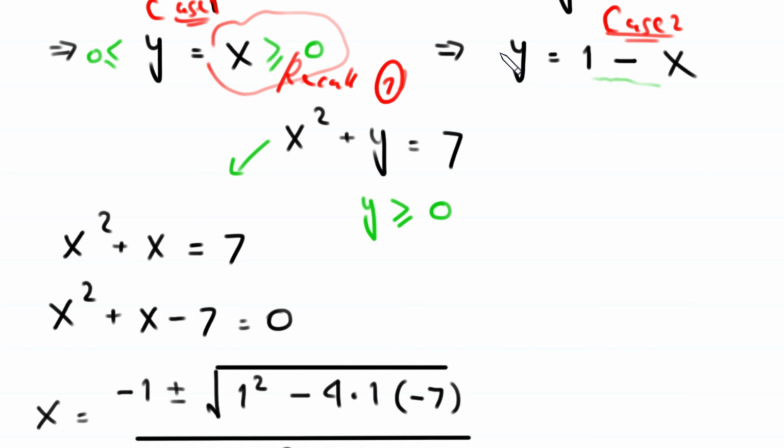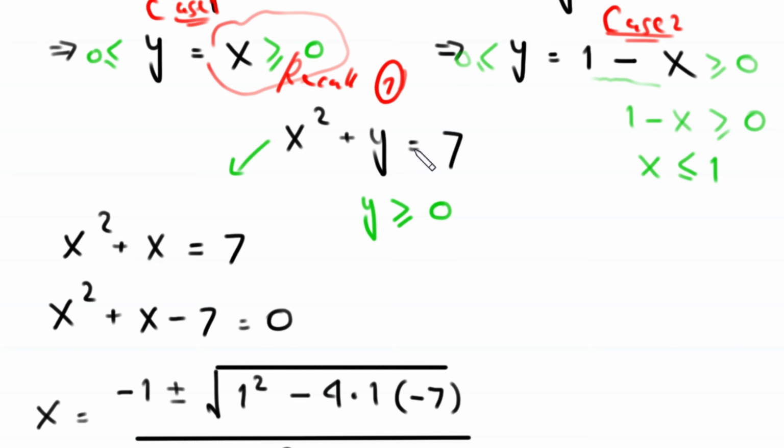Since y is greater than or equal to 0, this 1 minus x must be greater than or equal to 0. This implies that x must be less than or equal to 1.